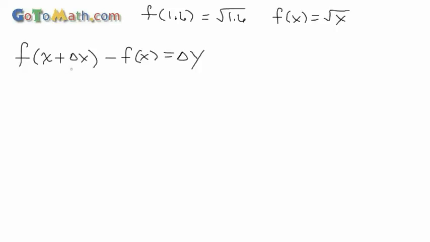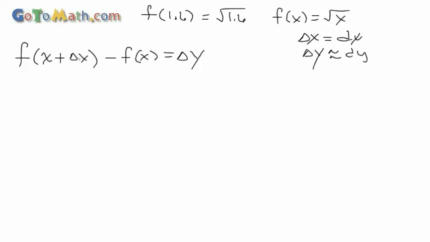We're going to use this, and also some things that we've already written down. We know that the change in x is equal to the differential of x, and that the change in y is going to be approximately the differential dy. These two are approximately equal to each other when delta x is fairly small.